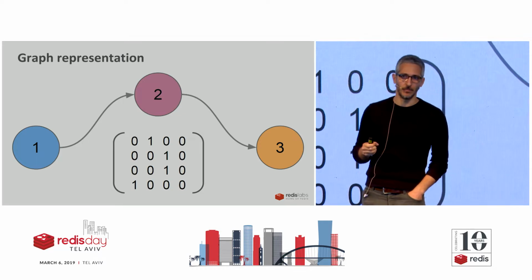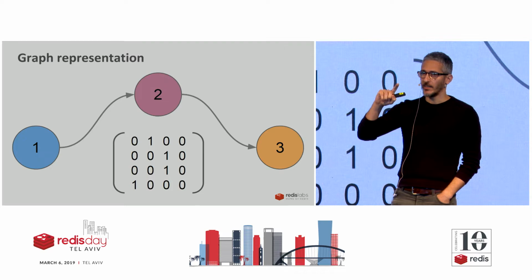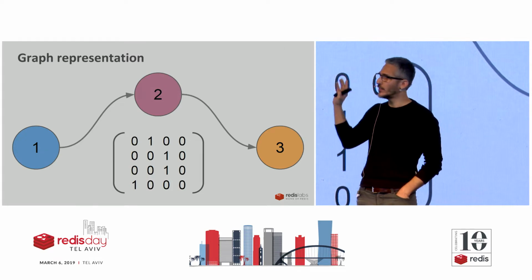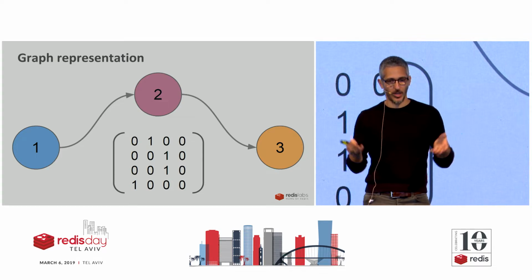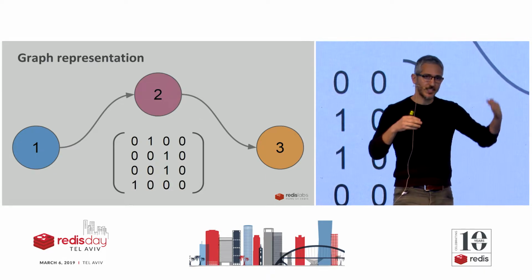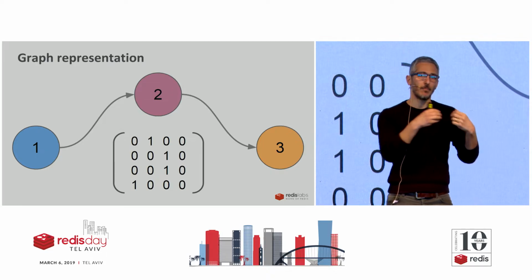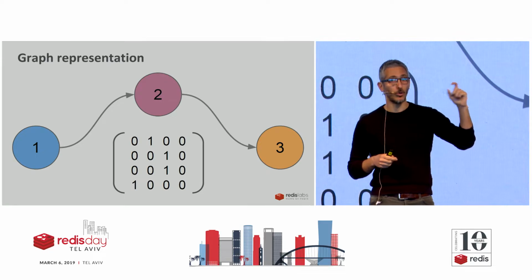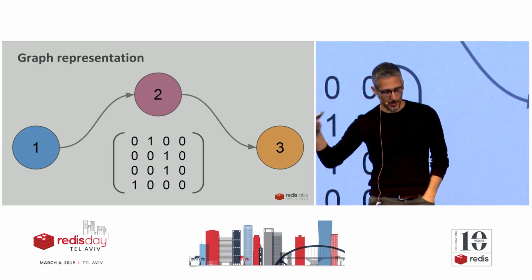An alternative, and this is what Redis graph is doing, is to represent a graph using a matrix. This is just a simple example graph that we will be working with, to give you the idea of how you can represent a graph using a matrix. Both the rows and the columns of the matrix are mapped back into nodes. For example, node with ID 1 is represented by row number 1.